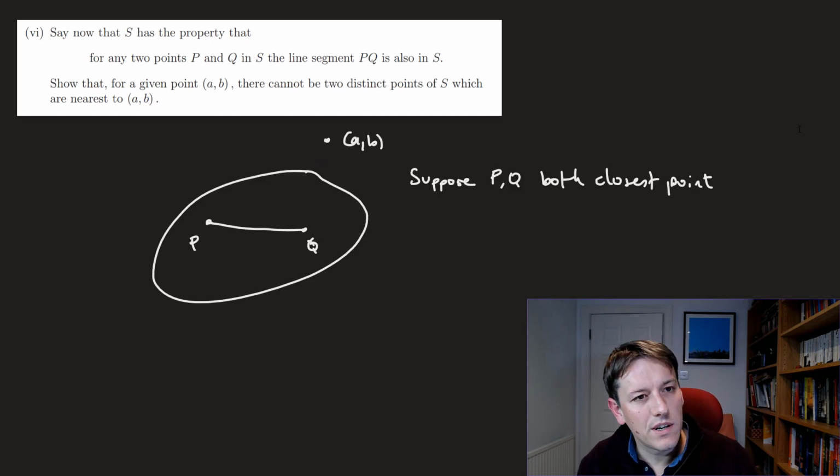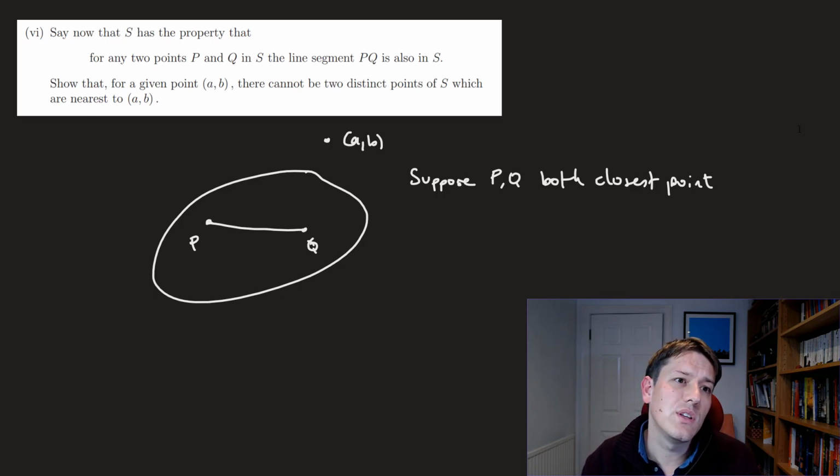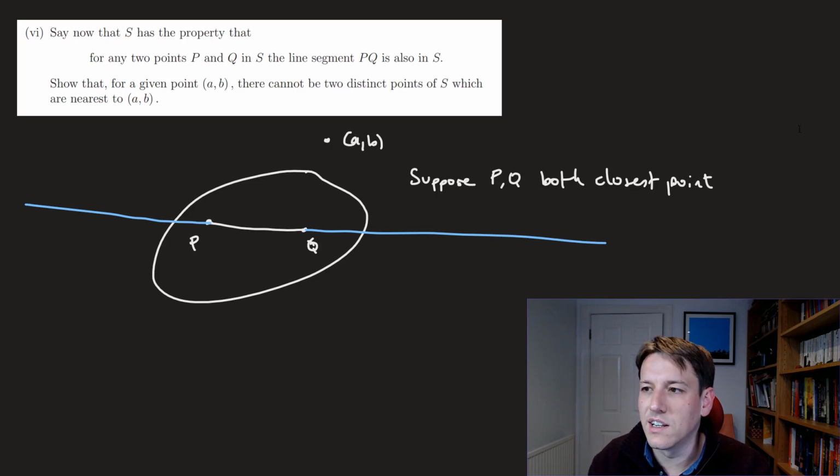But we showed in part 4 that there has to be a unique point on this line that's closest to AB. And you've got to be a little bit careful here, because in part 4 we showed this for a line which is necessarily infinite, and here I'm thinking about the line segment instead.